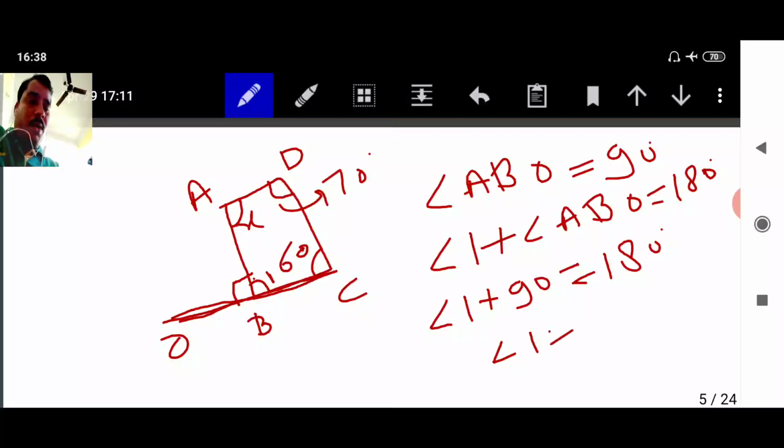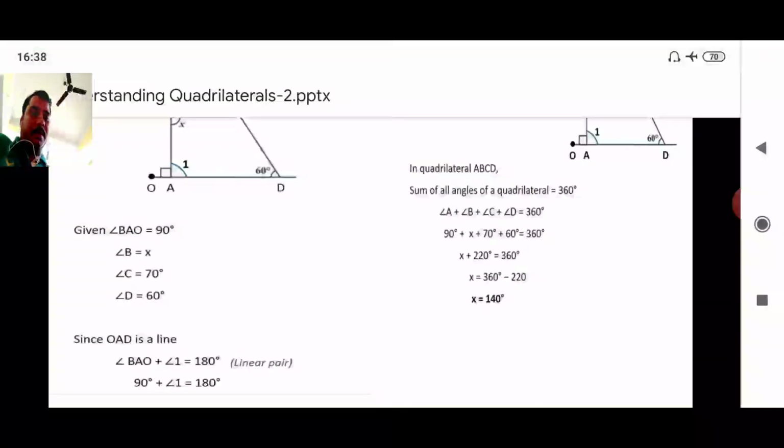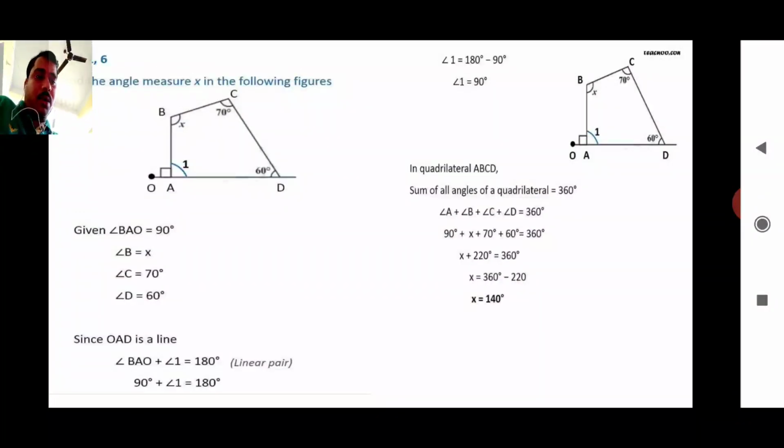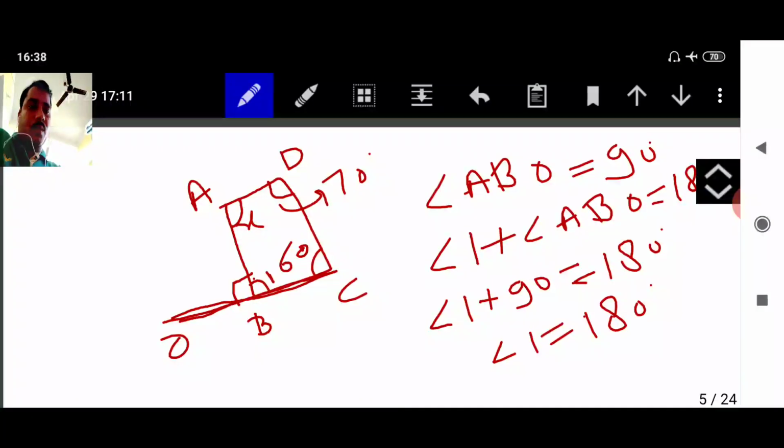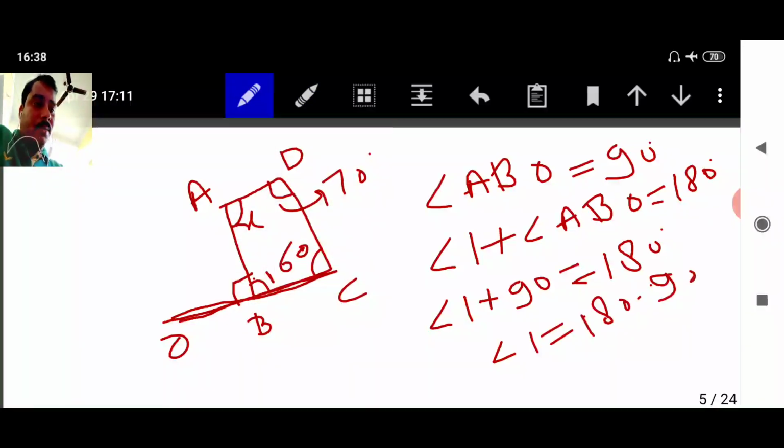So angle 1 equal to 180 minus 90 equal to 90 degrees.